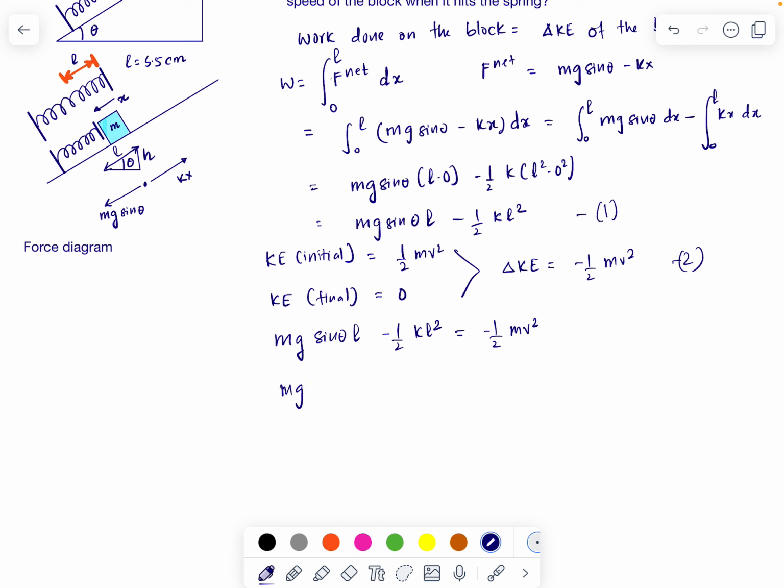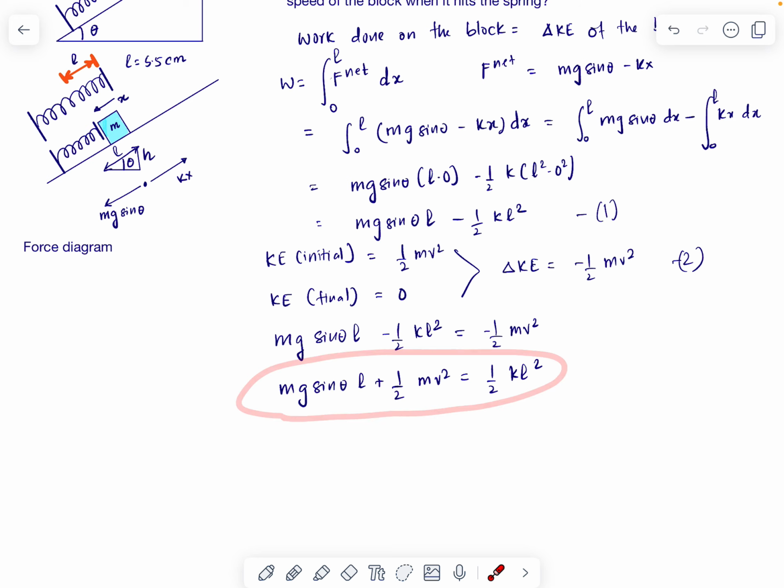We get mg sine theta L plus half mv square equals half kL squared. So if we see this very carefully, right?